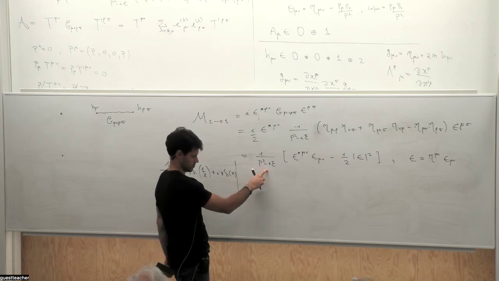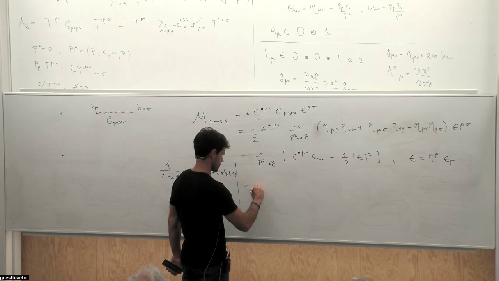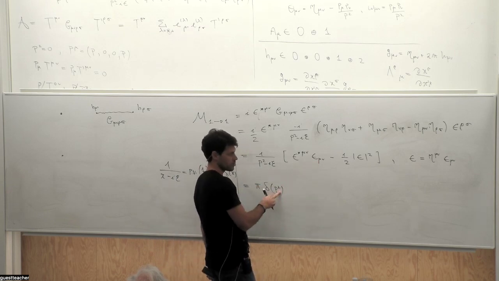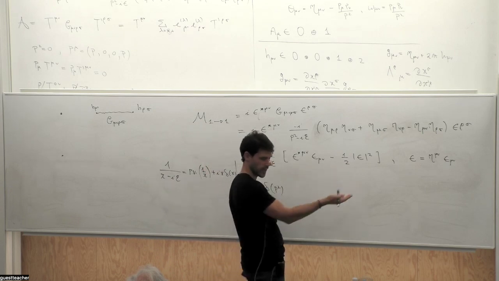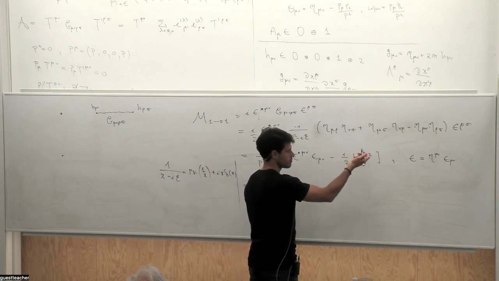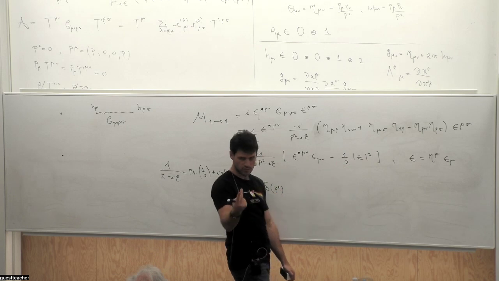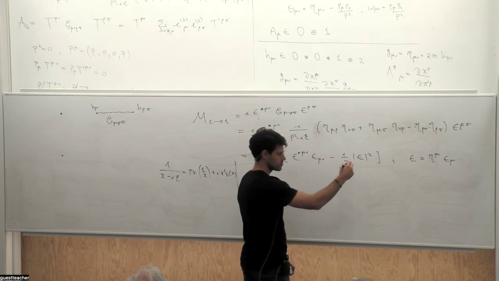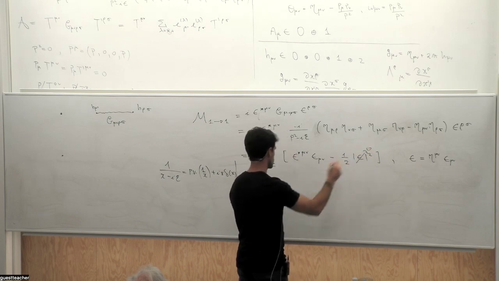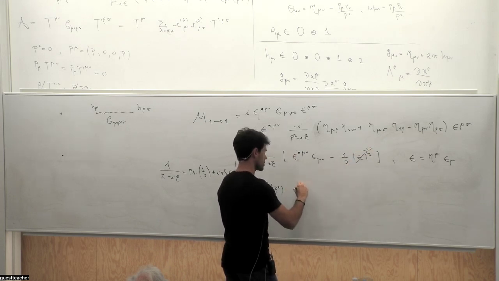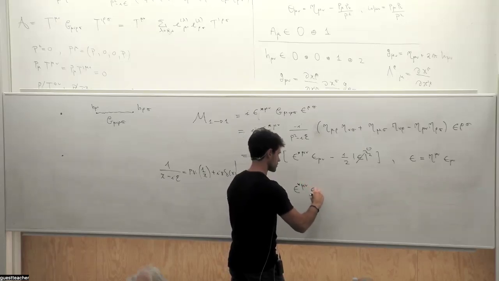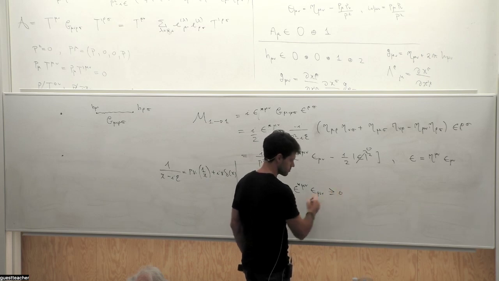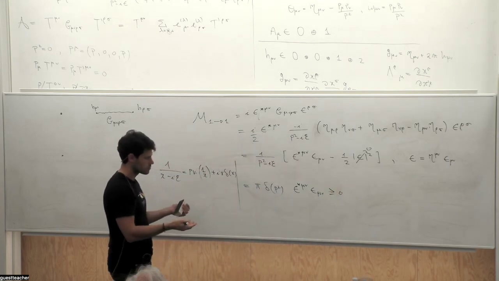This delta here will be delta of p squared, so p squared equal to 0. You know that when you go on shell, from the analysis we did before, in the end we'll only have 2 degrees of freedom which are physical, with the trace equal to 0. So this will be neglected, and you will only be left with this object. Okay, and this is something positive definite. So you are consistent with unitarity.